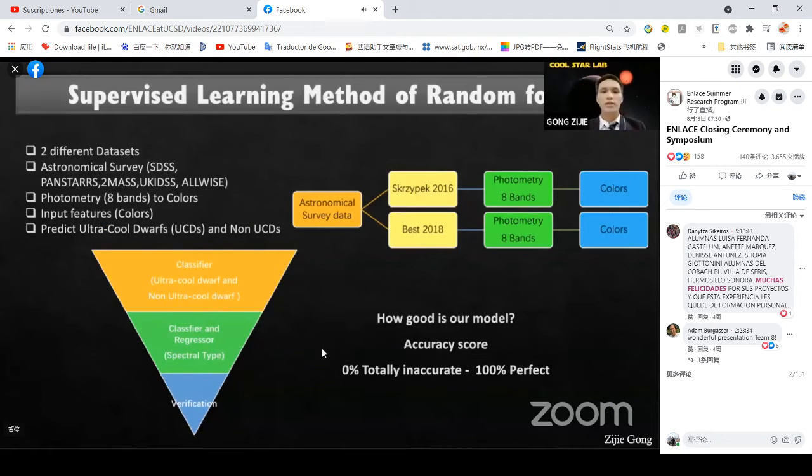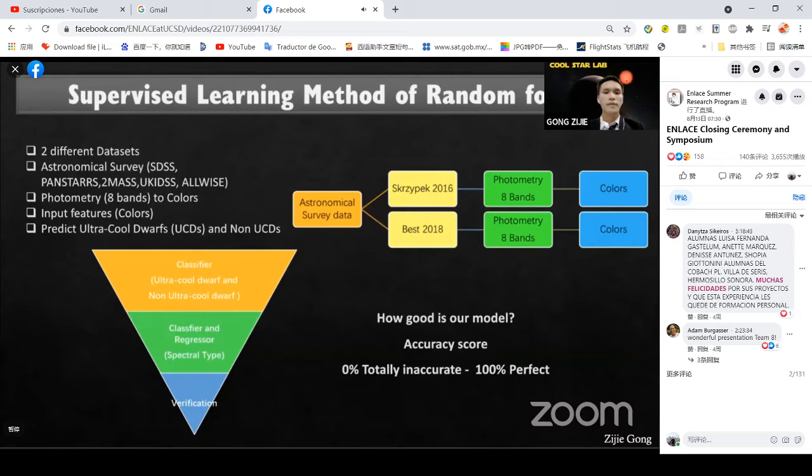I am CJ. I'm going to talk about the method we use in our survey: a supervised learning method, random forest. First, we created two different datasets called SPLAT-SPEC 2016 and BEST 2018, based on several astronomical survey data. Each dataset has different point sources of the sky, so we could have different results and compare our random forest models. The dataset contained principally photometric data in different bands, which were subtracted to make colors.